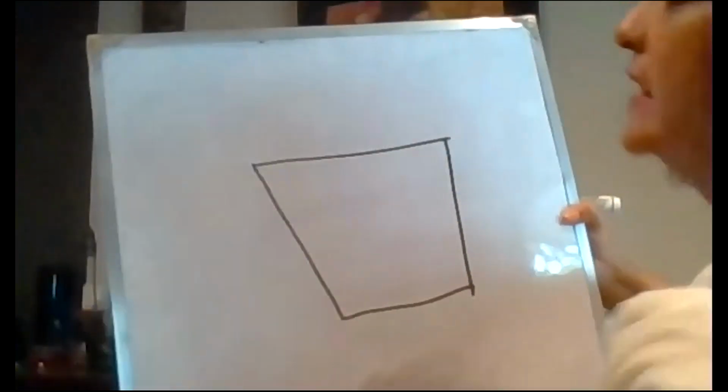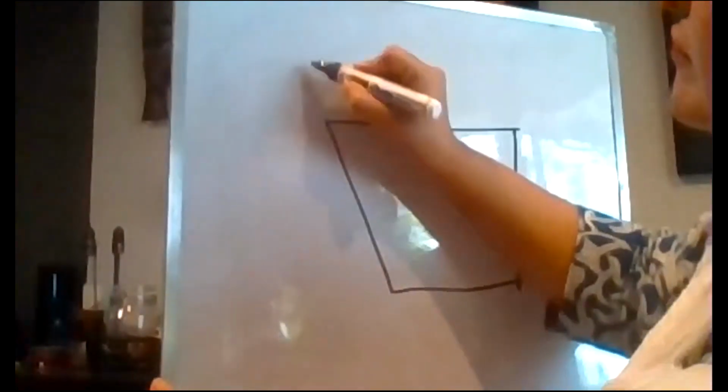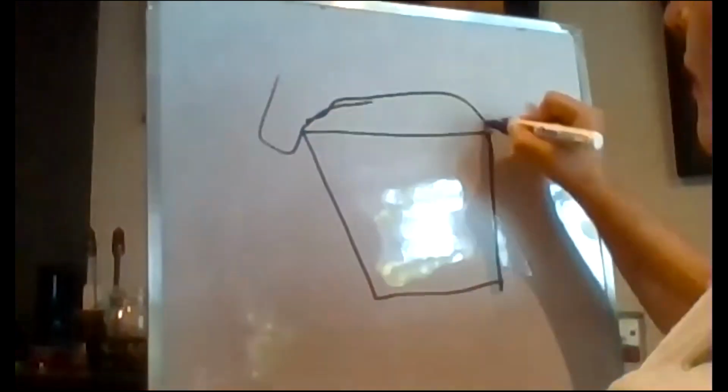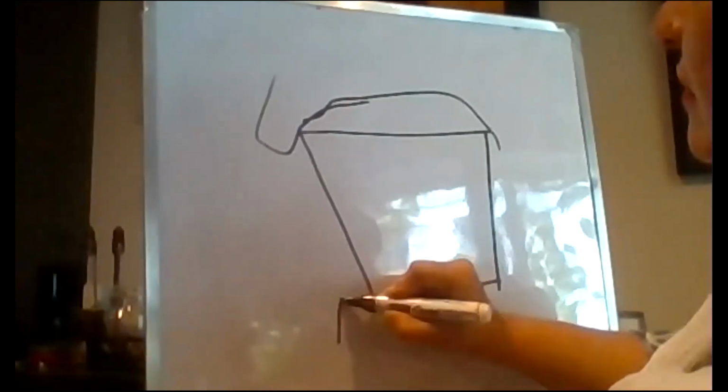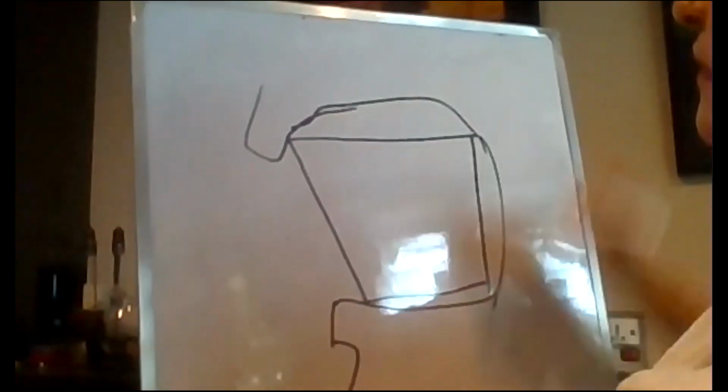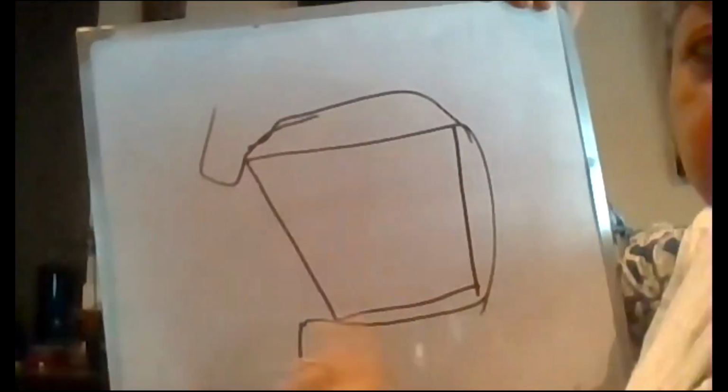No, it's not a representation of our tongue. It is a representation of something, but not our tongue. It is actually the representation of the inside of our mouth. This is the inside of our mouth.